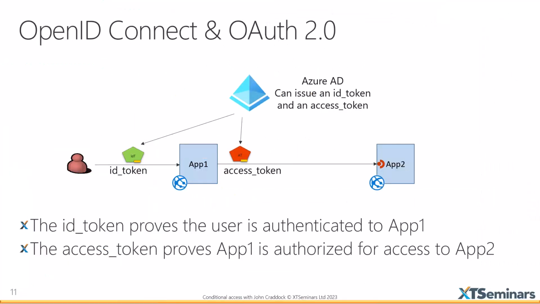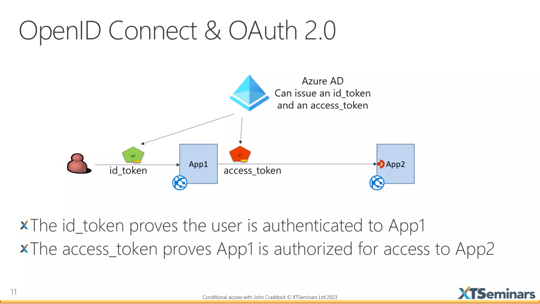Our next job is to look at access tokens and refresh tokens. But before we do, let's just set the scene with OpenID Connect and OAuth 2. OpenID Connect proves the user's authentication to the application, in this case, App 1.